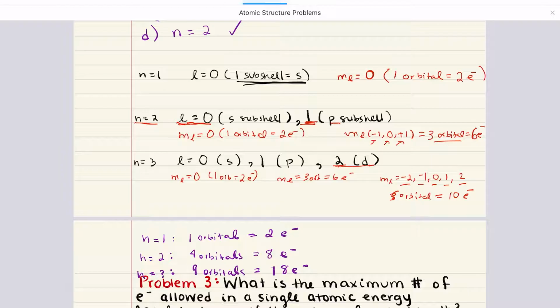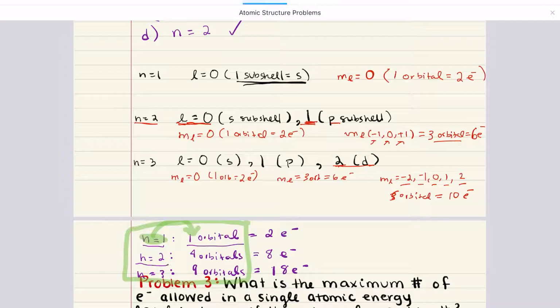Now, looking at this first part right here, for each value of n, we have some number of orbitals. What is the mathematical relationship here? In general, the total number of orbitals in the nth energy level is just n squared. For n equals 1, we have 1 orbital; 1 squared is 1.